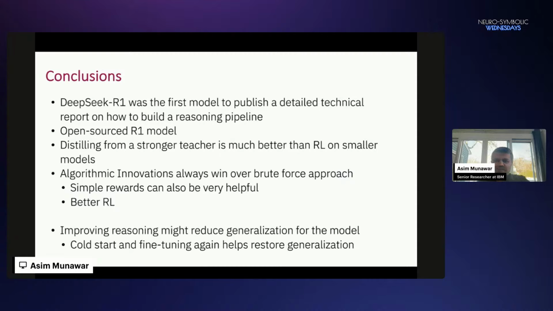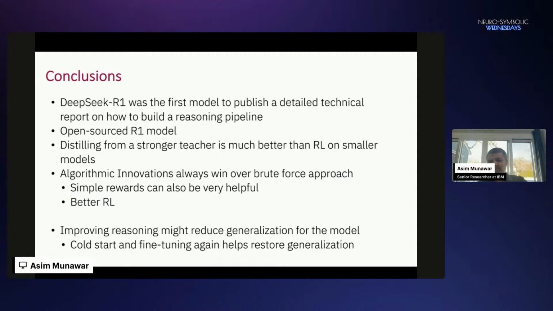Another thing that they showed is that on smaller models, it doesn't always make sense to use the same approach that we use to train bigger models. So having a strong teacher model is much better, because we can distill from the teacher and we can train smaller RL models.